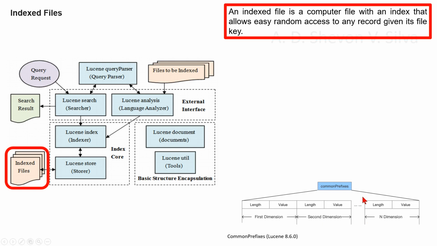Here you can see the common prefixes. Common prefixes describe the set of common prefixes with each dimension. Length and value: the value describes the common prefix value in bytes, and the length means the length of a common prefix value, the number of bytes.